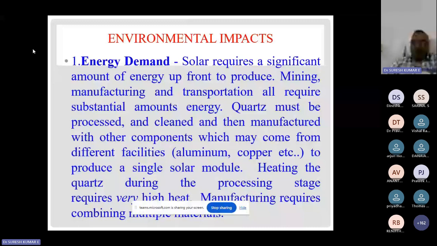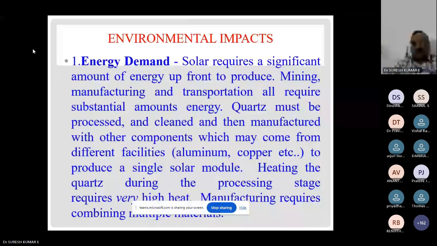That means if we are getting, say, 1 kilowatt hour of energy from the solar panel, imagine how much energy was actually spent to convert silicon grade material to metallurgical grade silicon, to electronic grade, and related processes, assembling, encapsulation, panel making, and all those. How much energy was required? That energy upfront to produce.